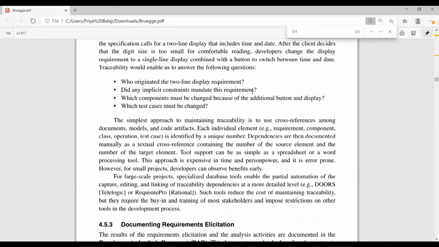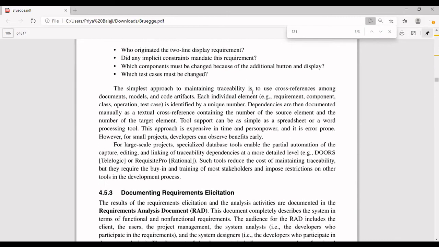Did any implicit constraint mandate the requirement? Which component must be changed because of the additional button? Which test cases must be changed? So if you change certain things, you should have the particular reason for the change and the particular dependencies, and everything has to be documented. This is called maintaining traceability.